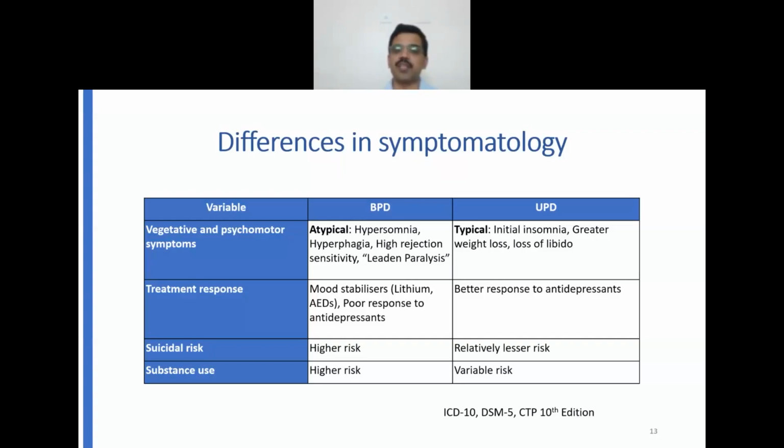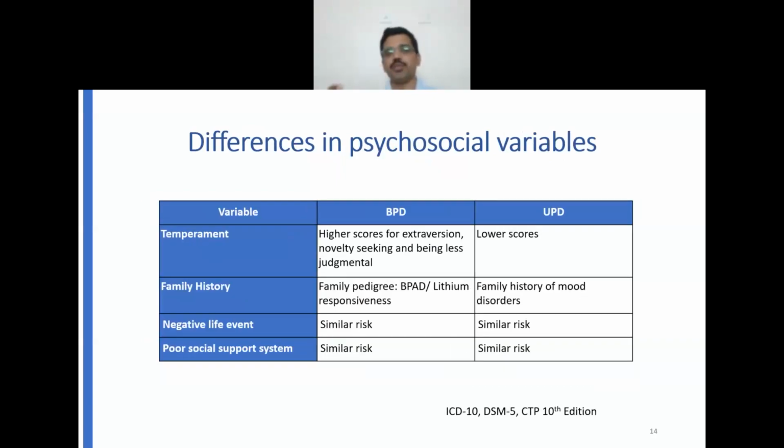Suicidal risk and substance use risk are higher in bipolar depression as compared to unipolar depression. Coming to the differences in the psychosocial variables, patients with bipolar depression temperamentally have higher scores for extroversion and novelty seeking, and are less judgmental as compared to unipolar depression. And coming to the family history, we will get a family loading in both the entities, but there is something called a bipolar loading in the family.